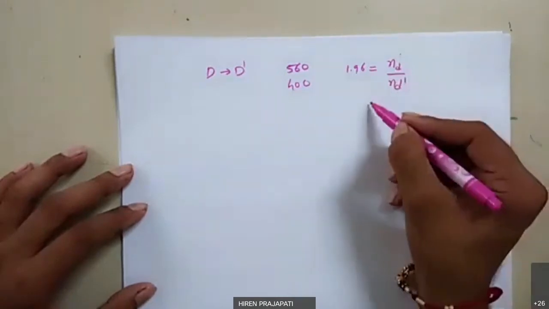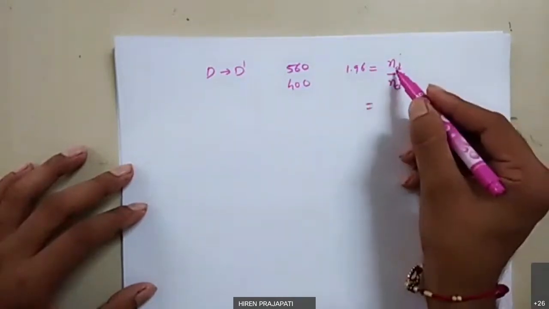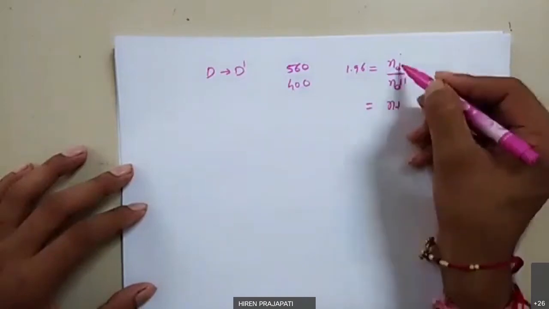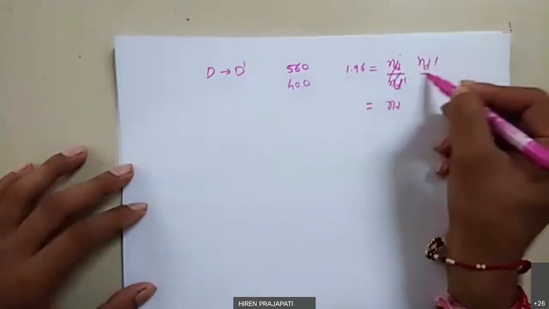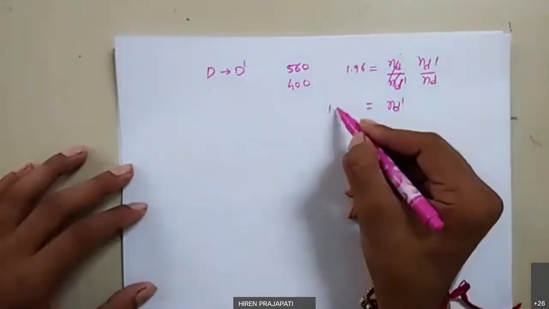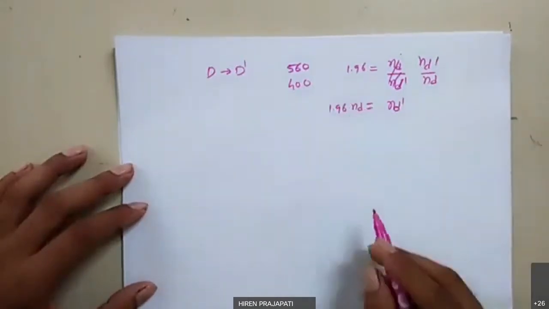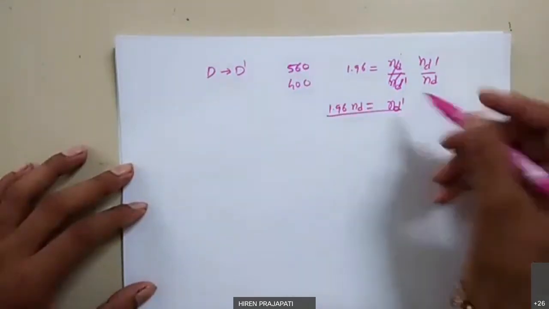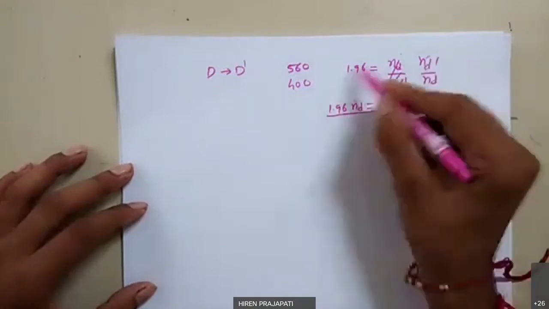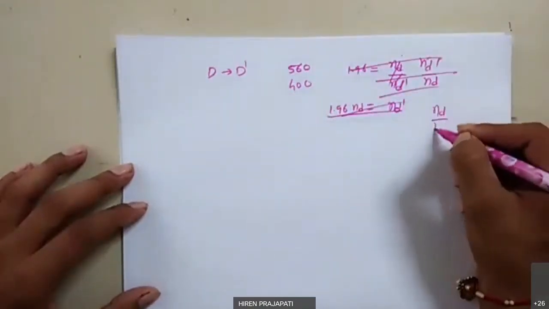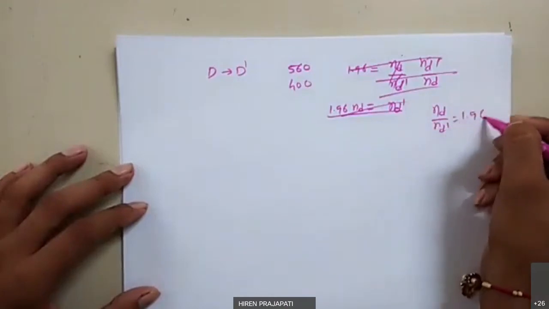We need to find nd, sorry, it's the inverse of this. It's nd by nd dash equals 1.96.